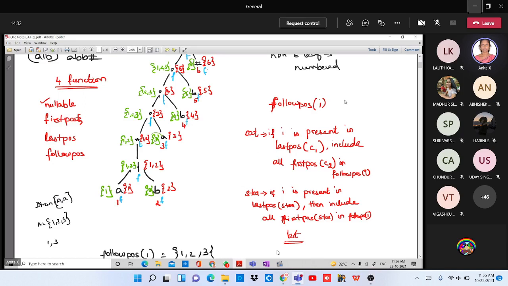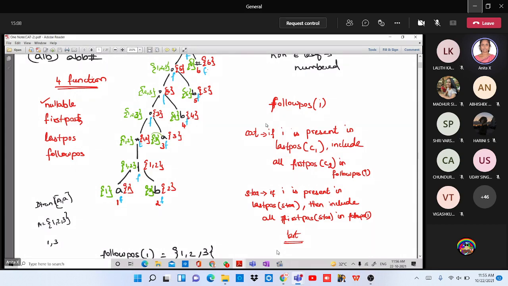So, what should I do? For example, I am going to find follow position of i, for example, follow position of 1. I have to check whether 1 is present in last position of C1. For all the cat nodes I have to check, and for all the star nodes I have to check. For example, this is a cat node, so this is C1 and this is C2.